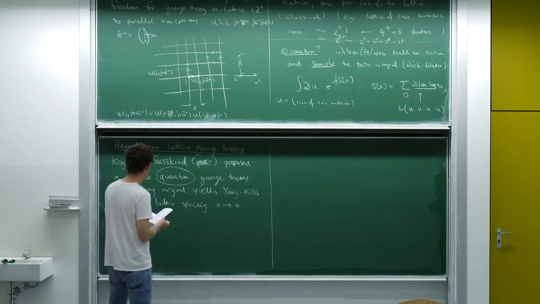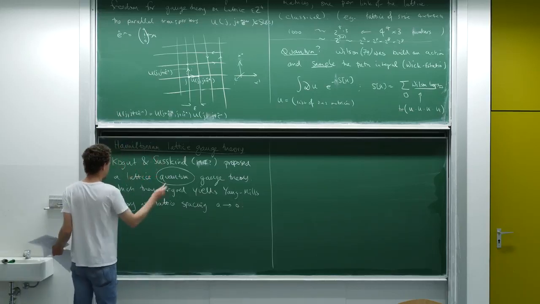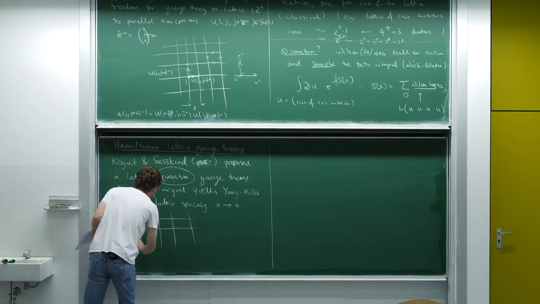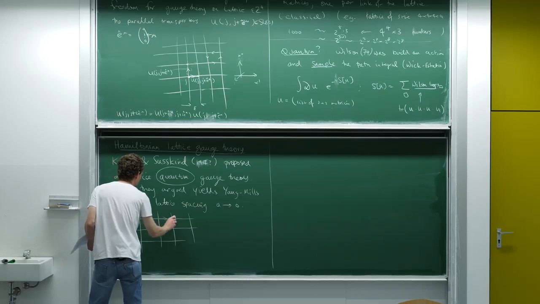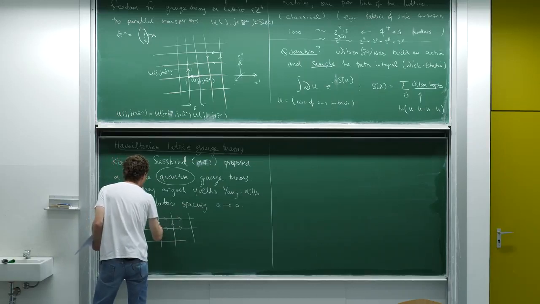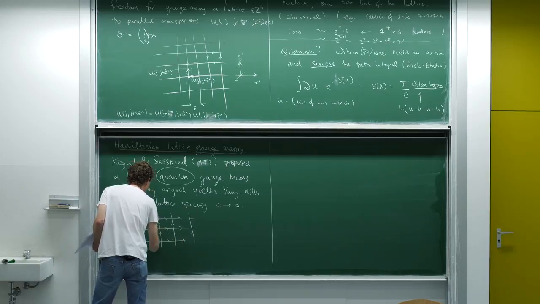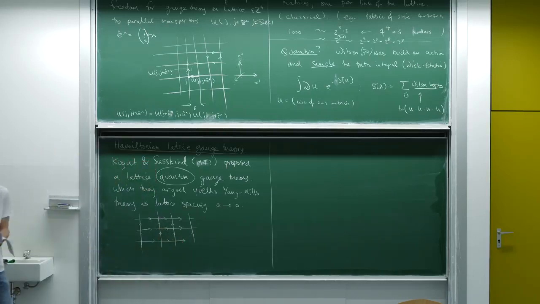All right, so I better tell you, what is this theory? Well, it's a theory of a lattice, right? So degrees of freedom do live on the lattice. I mean, it's a quantum theory of degrees of freedom living on a lattice.